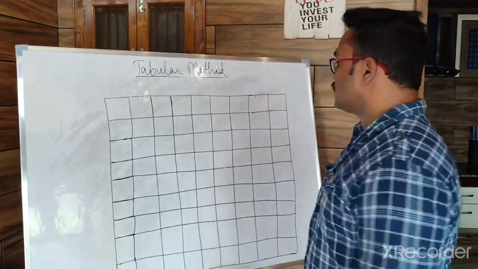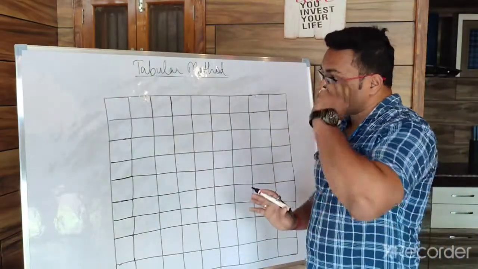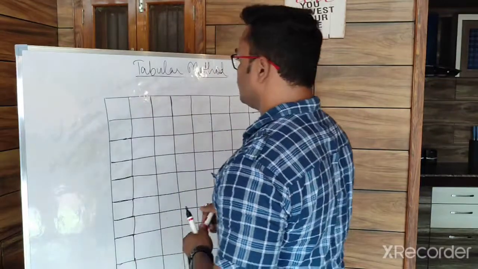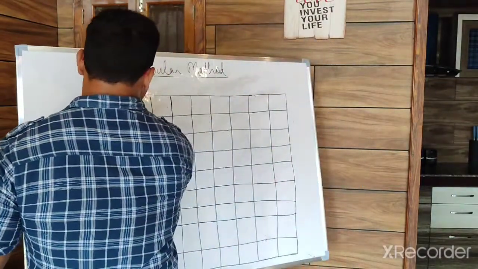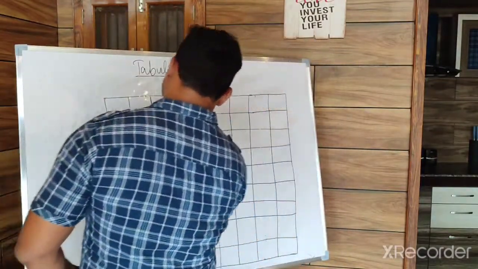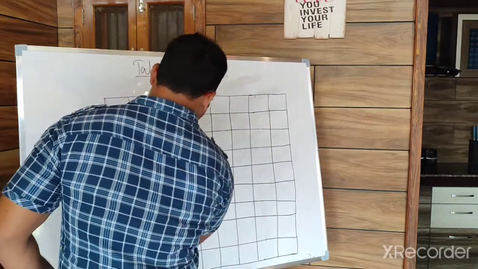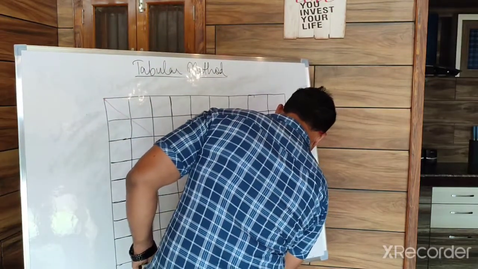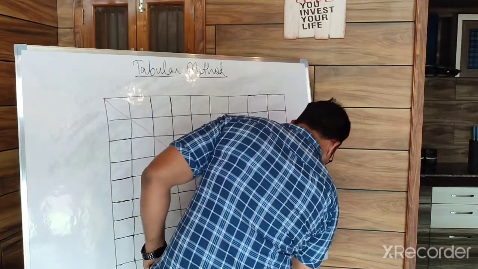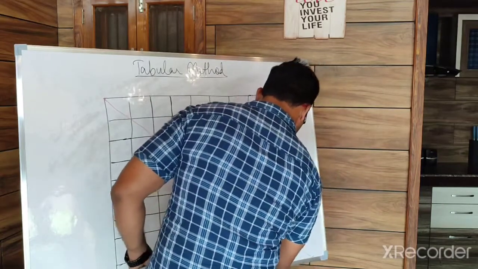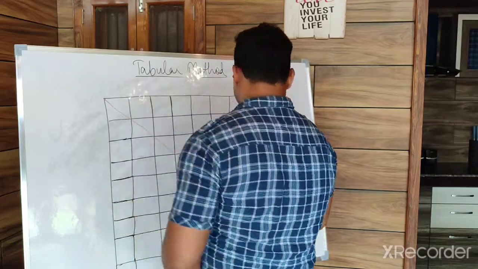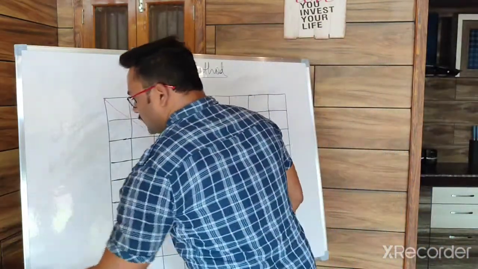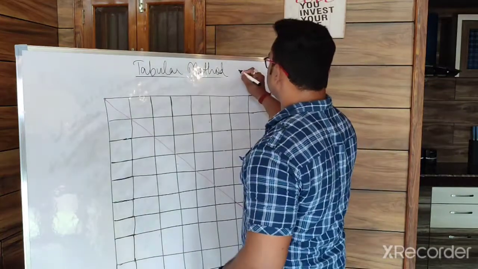So this way we have to make the boxes first, and you have to divide it vertically. This point you have to match with this point. So like that it should go, divided vertically.